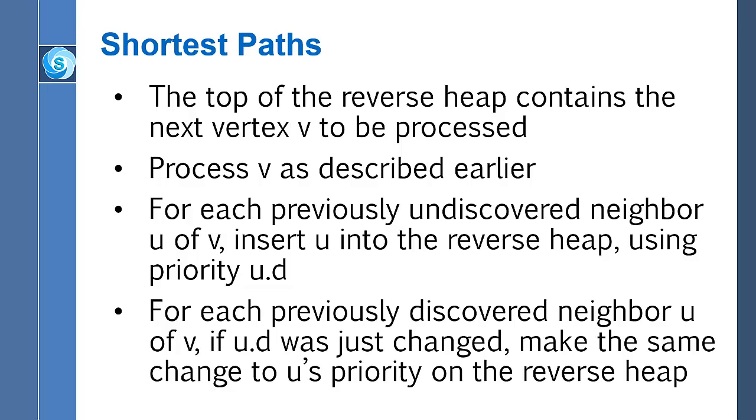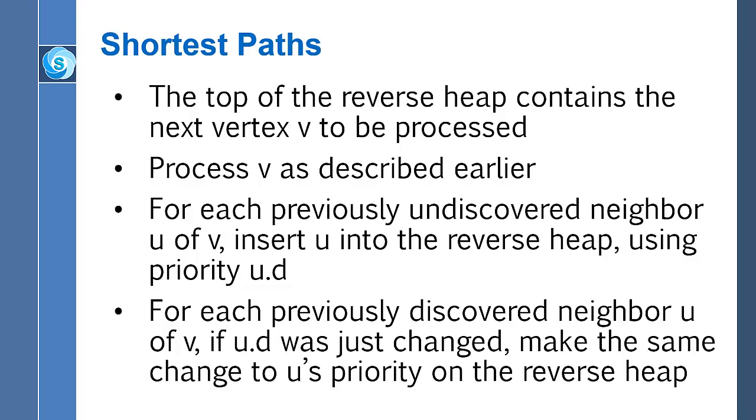Okay? And that raises a little technical problem, because we've already put that vertex U into the heap using U dot d as its priority, but now if we change U dot d, then we will have to change the priority of the node in the heap. That's not a big deal.